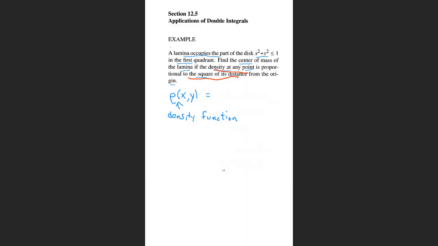So when they say proportional, that means rho equals, and then what are we going to put after the equals? The density is proportional. You remember?